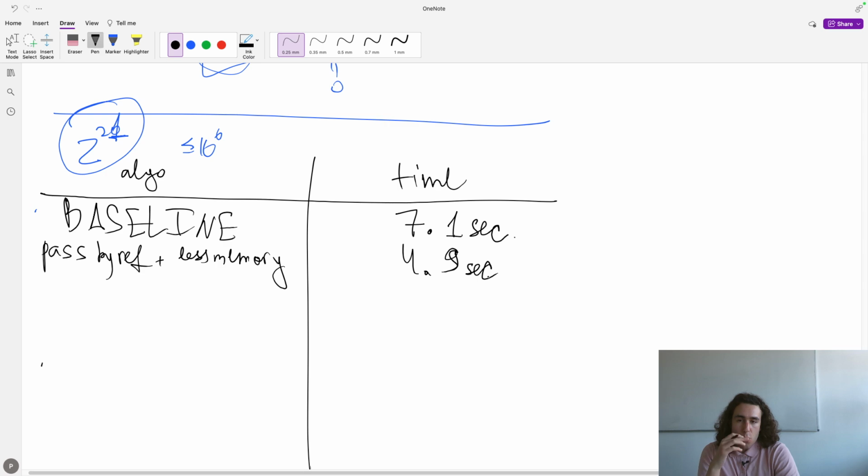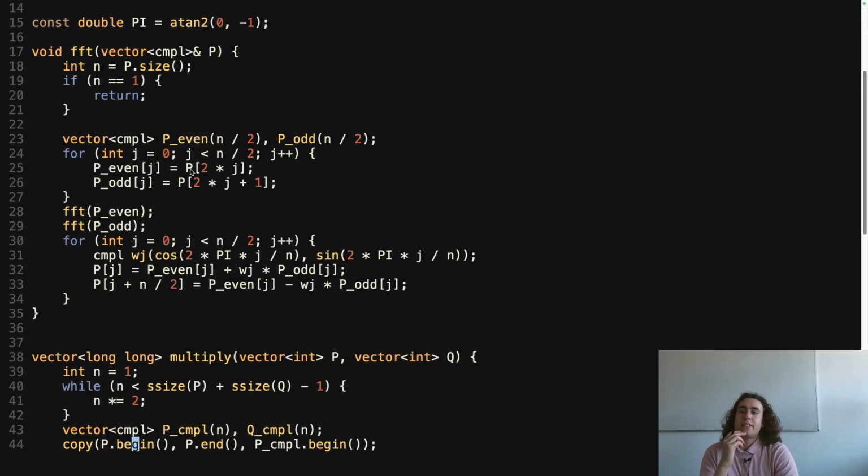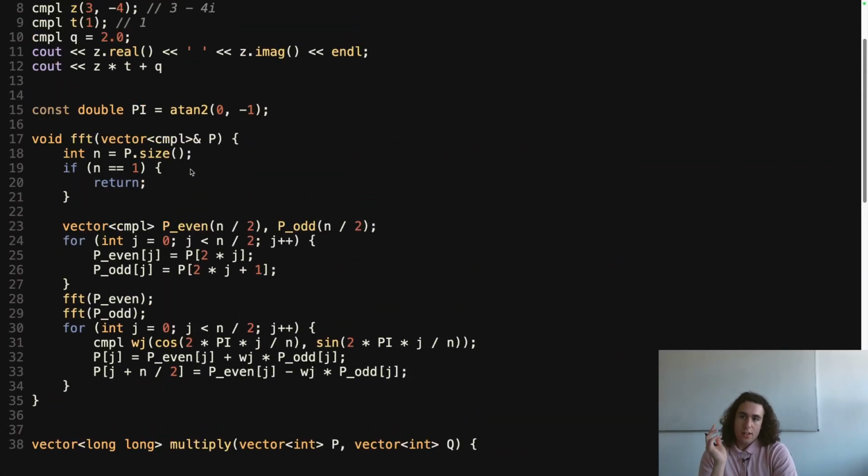Let's think what in our code probably takes the longest. Obviously, we have this recursion that creates a bunch of vectors, but I want to say that the worst part of this code is this. We're evaluating trigonometric functions n log n times. That's a lot. Even operations with doubles are kind of costly, but calculating cos and sine, that's crazy.